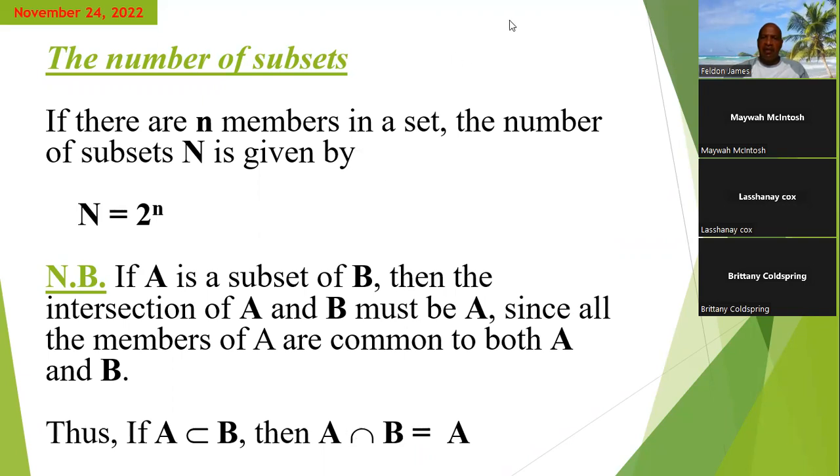Now we will see what all of that looks like in terms of diagrams as we move along. But just to illustrate what this is saying, if A is a subset of B, all right, let me see if I can give you a little better diagram than that.